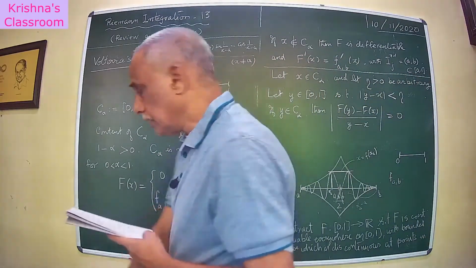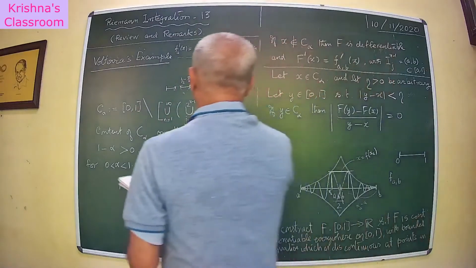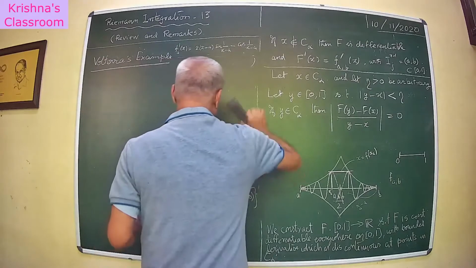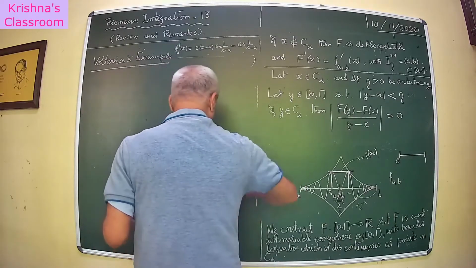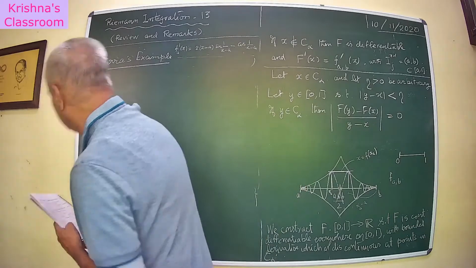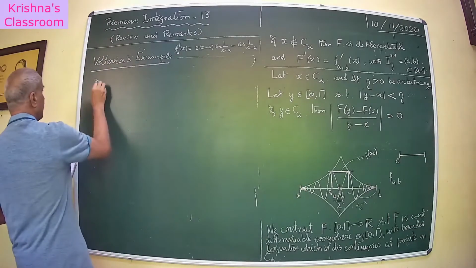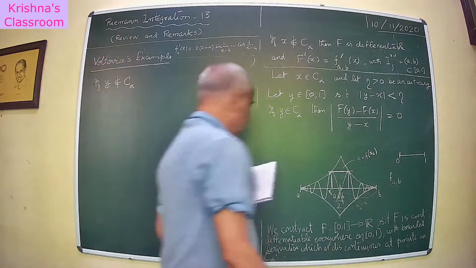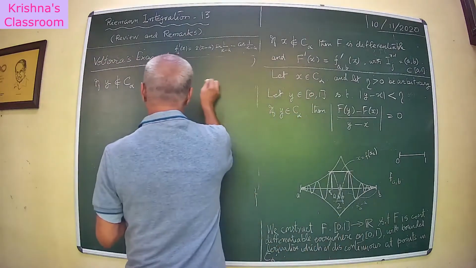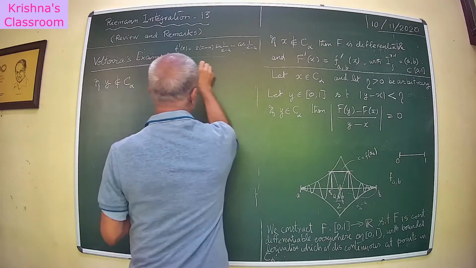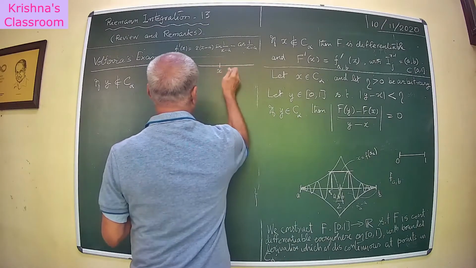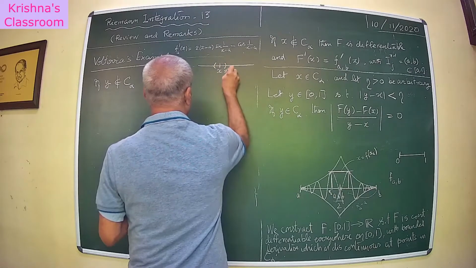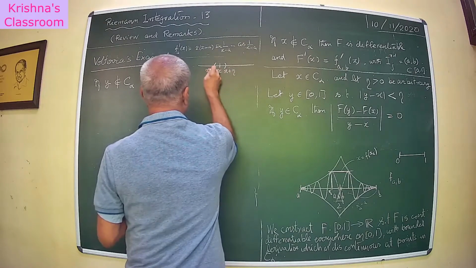So we look at what if y is not in C alpha. These are rigorous steps. What you have is something like this: this is x, and you are choosing a y in (x minus eta, x plus eta).